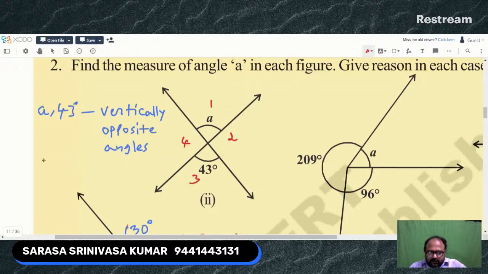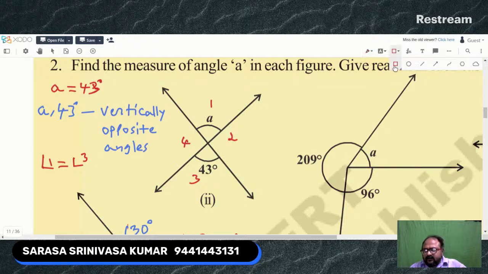Here, angle 1 is equal to angle 3. That is, A equal to 43 degrees. Why? Because vertically opposite angles are equal.